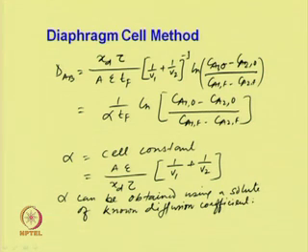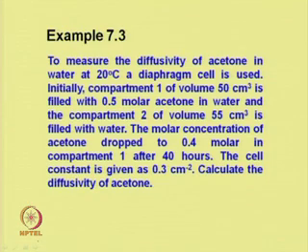Now, let us consider a simple example. To measure the diffusivity of acetone in water at 20 degree centigrade, a diaphragm cell is used. Initially, compartment 1 of volume 50 centimeter cube is filled with 0.5 molar acetone in water, and compartment 2 of volume 55 centimeter cube is filled with water.